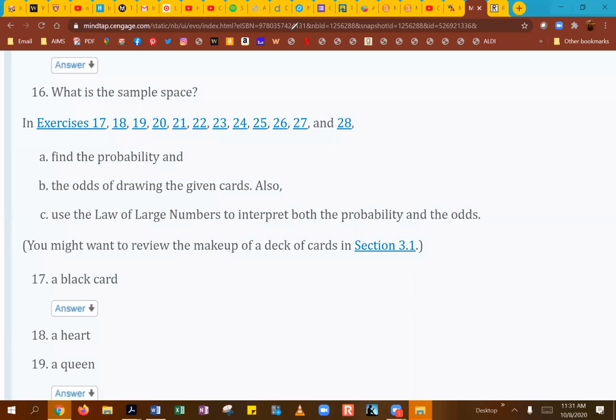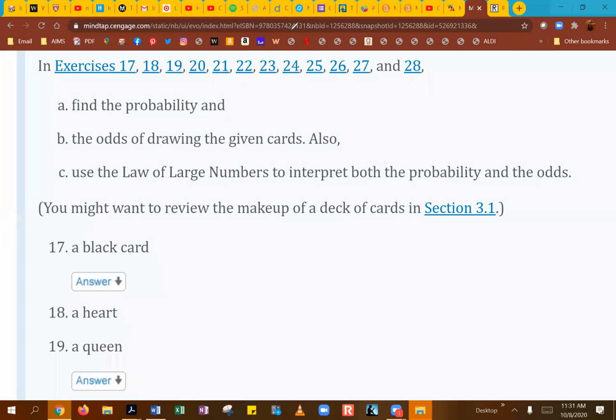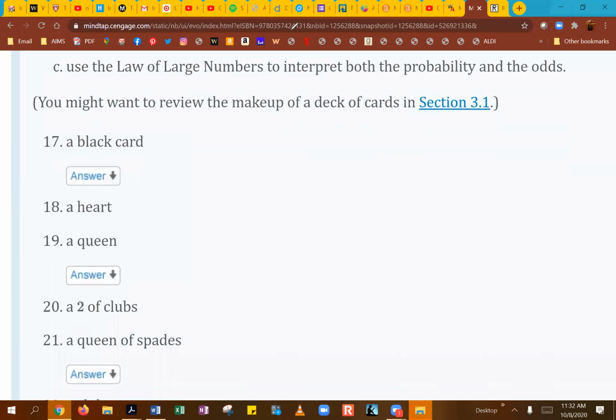Okay, let's take a look at the instructions over here. We're looking at 26. So this one is saying, find the probabilities, find the odds of drawing the given cards, and then they also want us to talk about how the law of large numbers can interpret both these probability and odds.